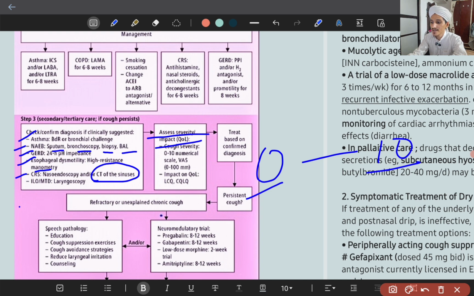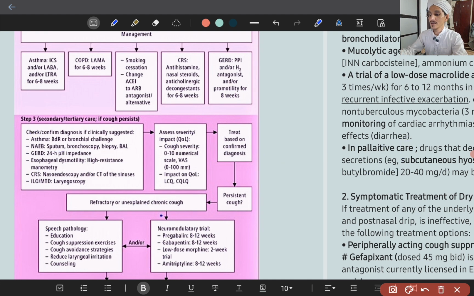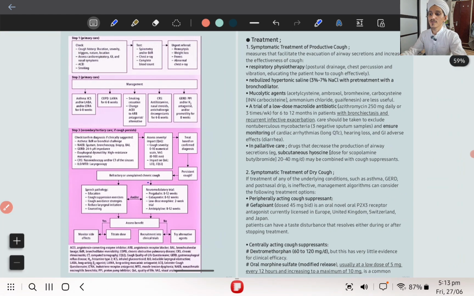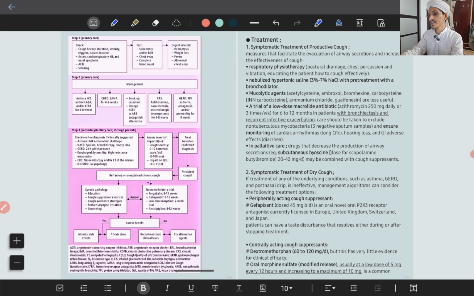Then you will assess, and if the cough is still persistent after re-evaluating, it is labeled as refractory or unexplained cough, and you will give these drugs: pregabalin, gabapentin, amitriptyline, along with speech pathology, speech therapy. This is the approach.